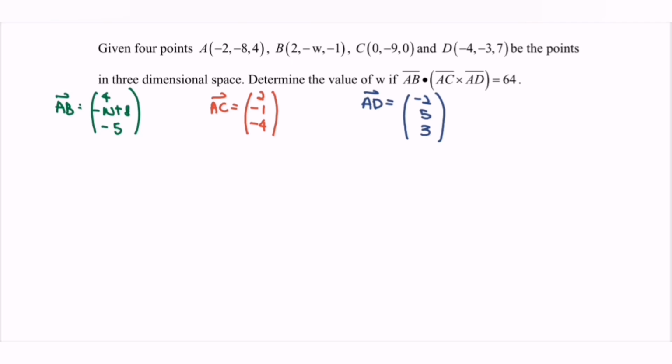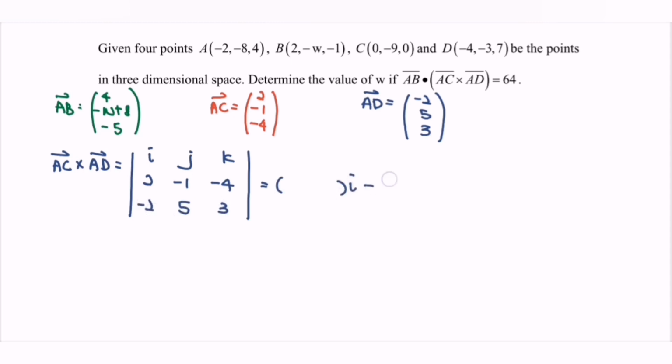Next, by referring to the question, my suggestion would be finding AC cross AD. Next is to substitute the vectors AC and AD. In order to find the I, kindly close up the I, where we have J cross K, so we will have negative 3 plus 20.